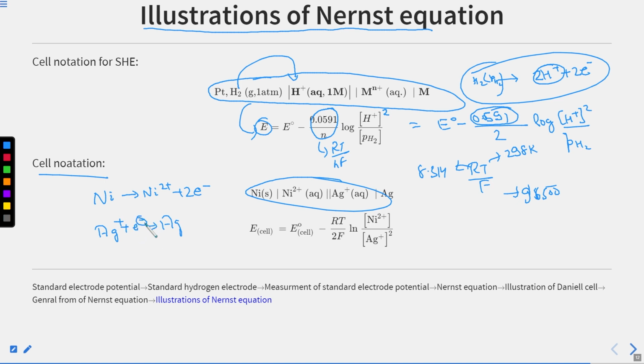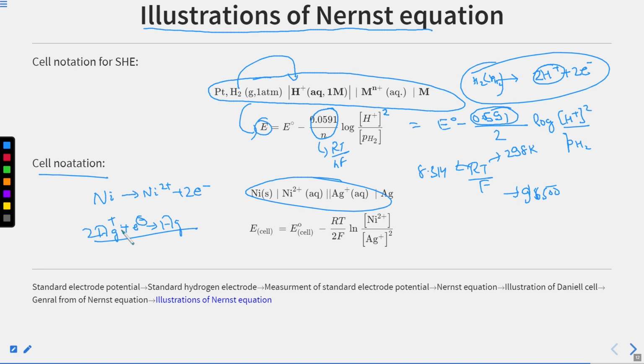Now listen here, an important point. While we are adding such two equations, you always have to balance the equation by balancing out the electrons. You can see here we have 2 electrons, but here we have only 1 electron. So you have to balance this so that overall we are left with no electrons in our final equation.